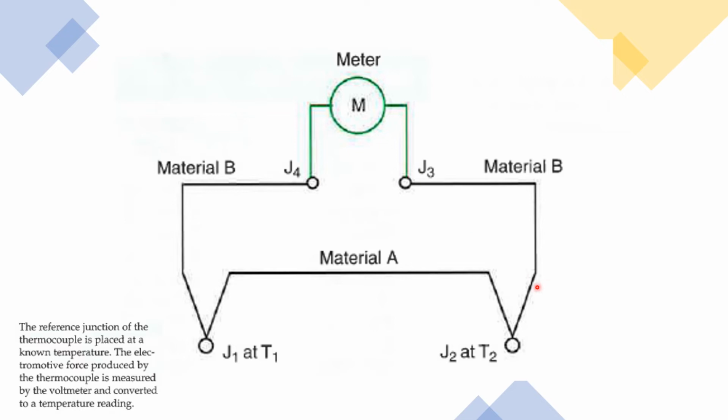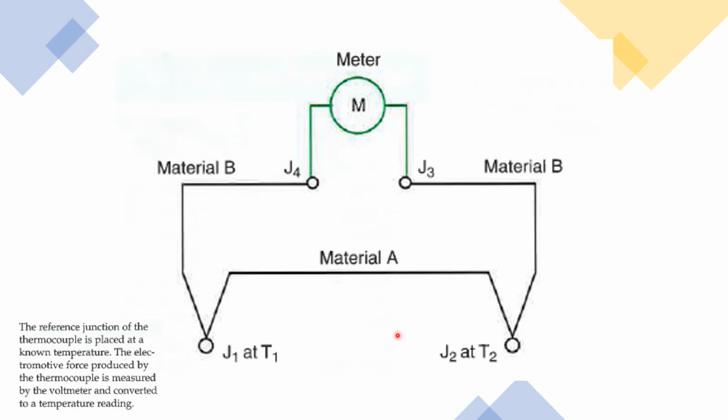This is just a picture. There's a circuit right there. The reference junction of the thermocouple is placed at a known temperature. So that's the condition in which this thermocouple is set.